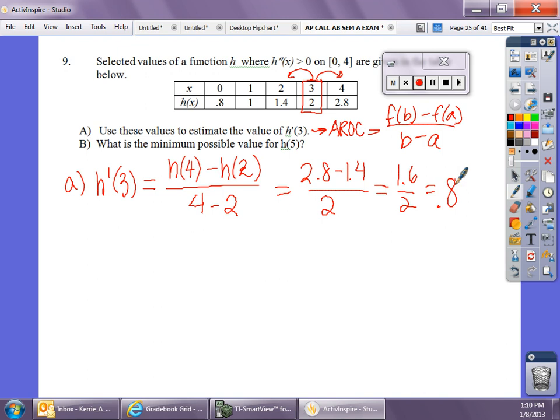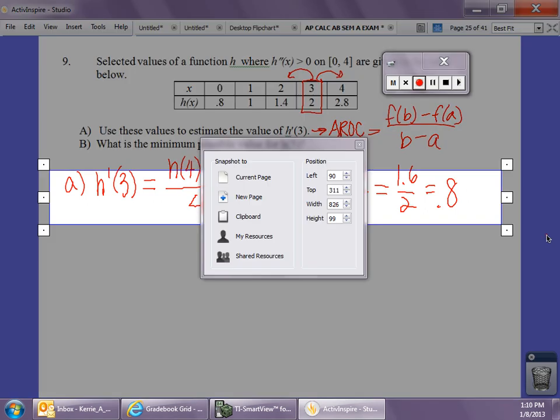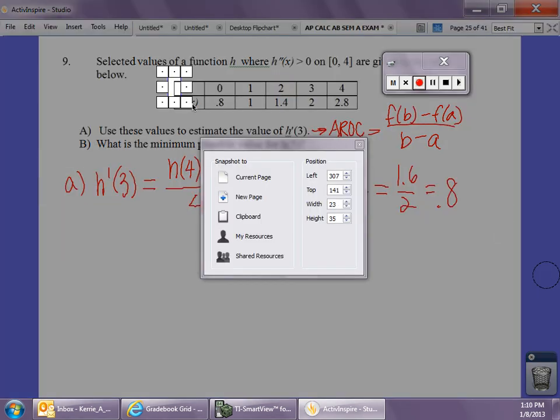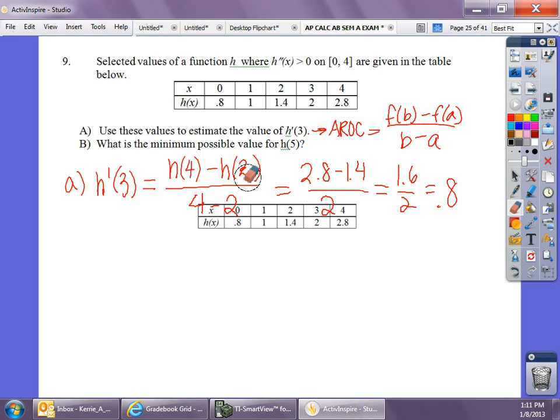In letter B, what is the minimum possible value for h of 5? So this is kind of tricky. Let me erase this so I can use that table and bring it down. There we go.